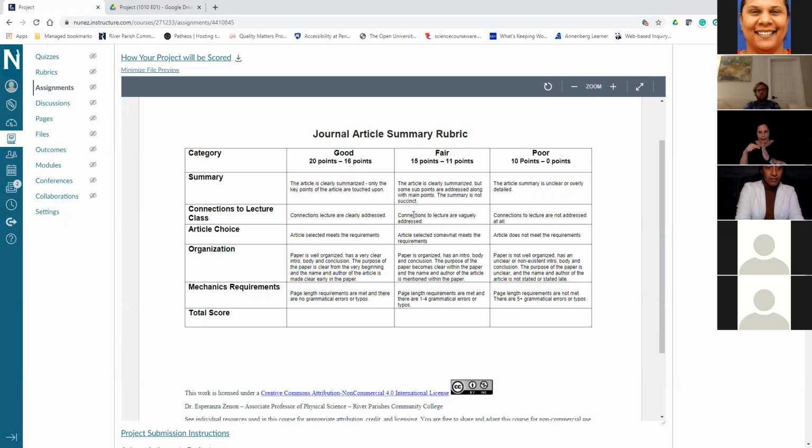So if you see those properties being utilized in your article, it would be proper for you to say, I noticed that the author focuses on whatever property. Let's say it's energy. I noticed in this article, the author focuses on energy. We learned about mechanical energy, kinetic and potential, in our lecture class.